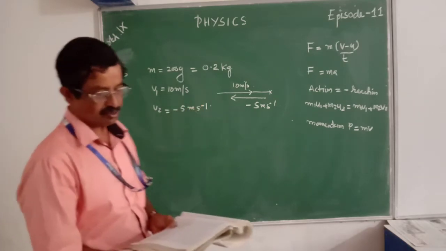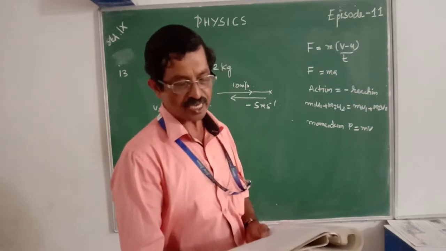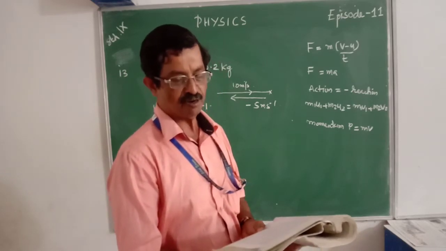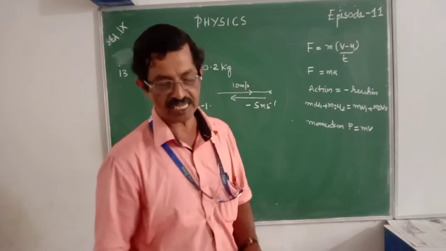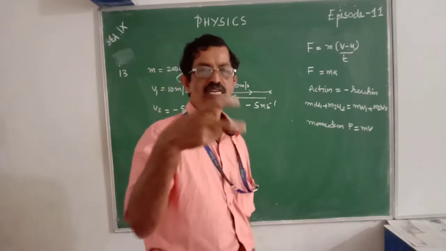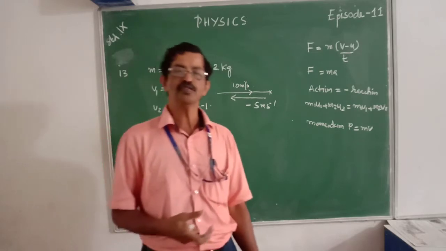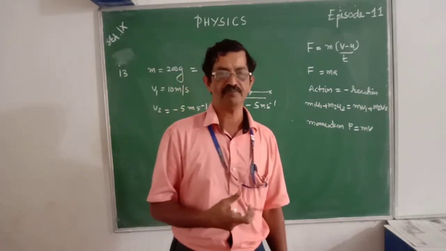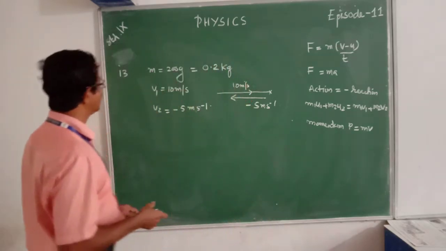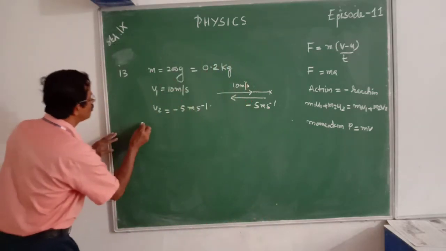Now calculate the change of momentum occurred in the motion of the hockey ball by the force applied by the hockey stick. That means the hockey stick is applying a force, and we want to find out the change of momentum.